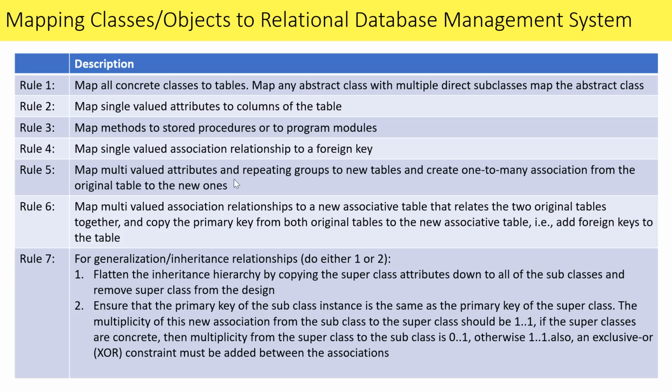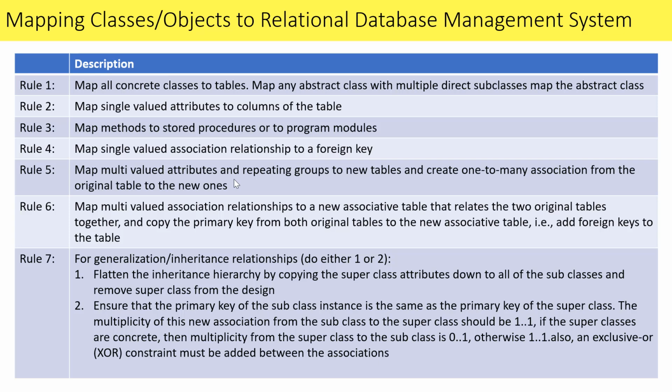And for the rest, of course, for example, if we have inheritance in your class diagram, you need to flatten the inheritance by copying the superclass attributes, for example, to the subclass.